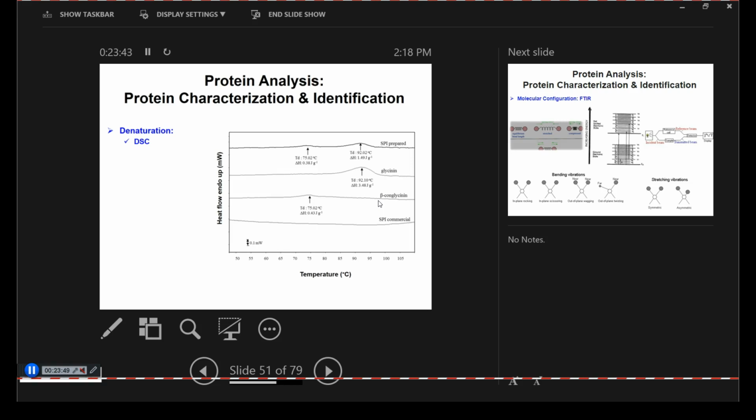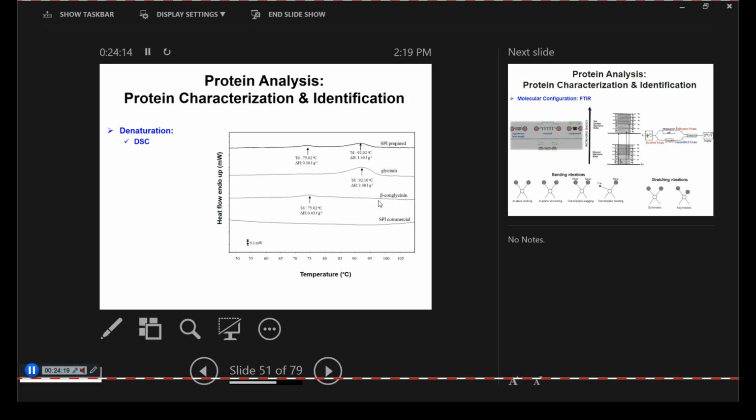It might have some interaction that affects it. Here, although we say it's glycinin, it's a purified fraction of glycinin, but there are other components. So it's not 100% glycinin itself. And it really gets complex in the protein world to determine what component exactly is contributing to the stability or the instability of the protein.